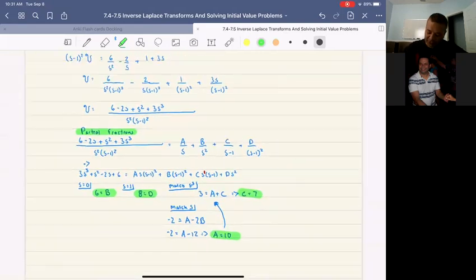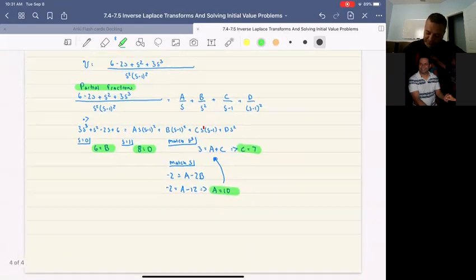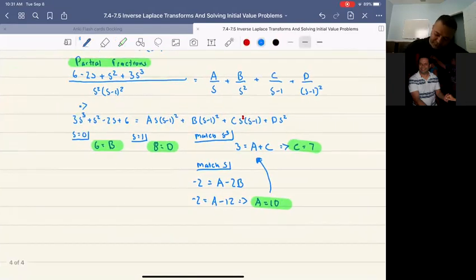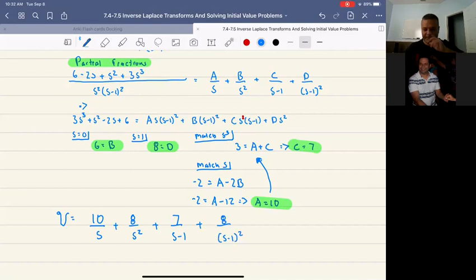So u equals 10 over s plus 8 over s squared plus 7 over s minus 1 plus d, which is 8 over s minus 1 squared.